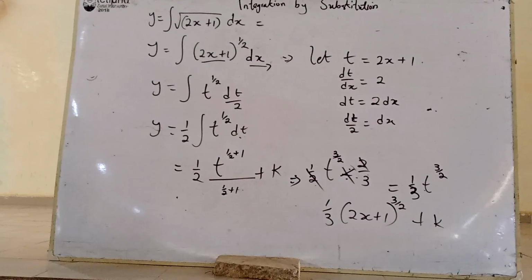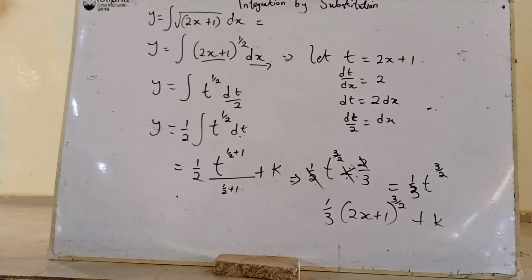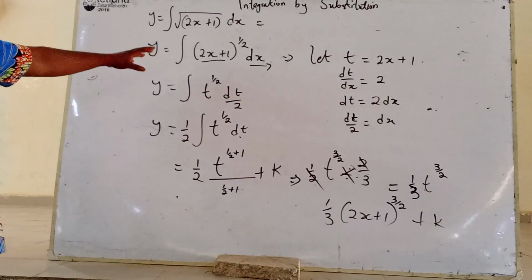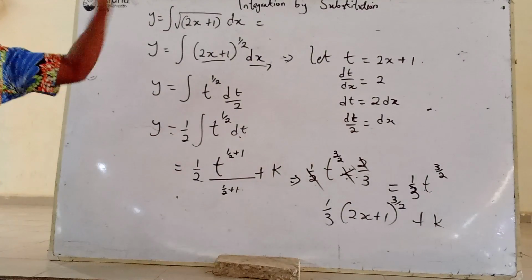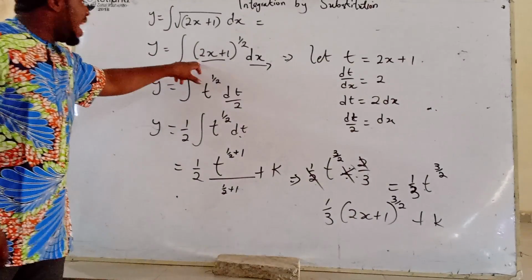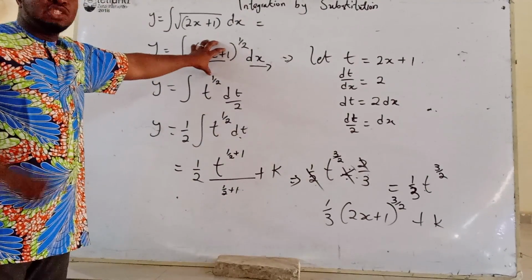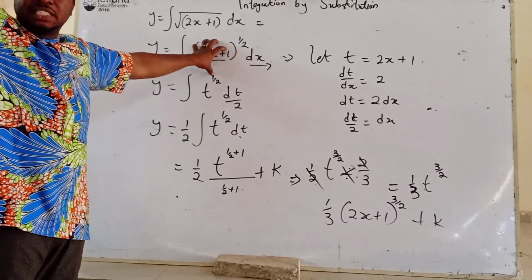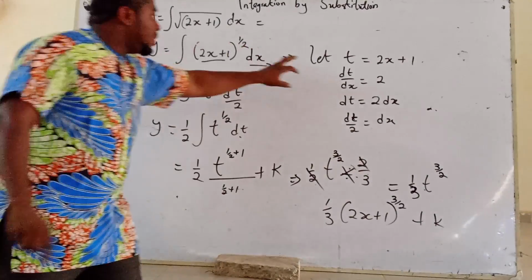Who is confused? So by substitution, all you are doing is that the variable that looks strange to you, you should make it another variable, right? In this case, what we have done is that we take this variable that is inside, just like chain rule when we are differentiating, we let this variable be t.